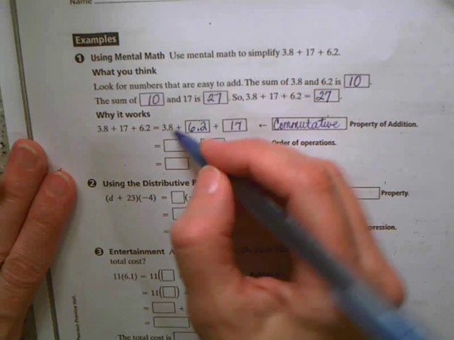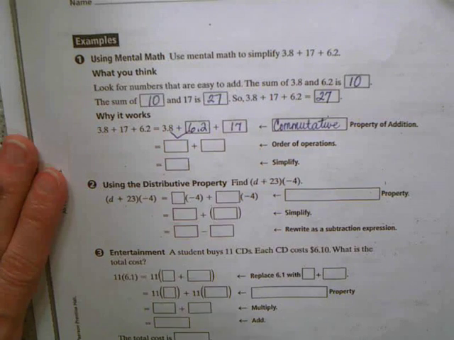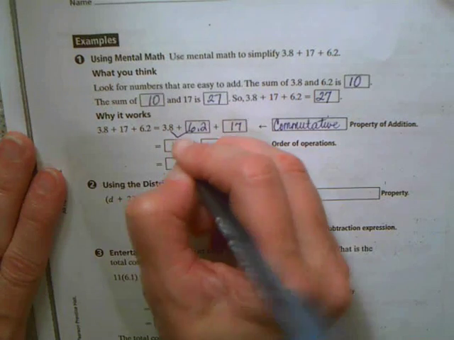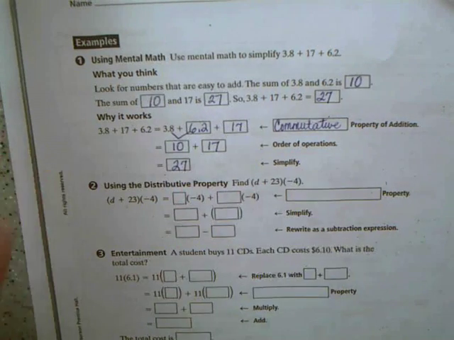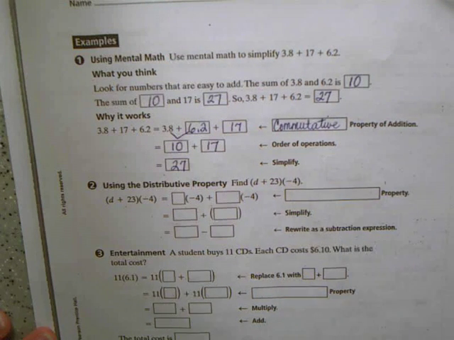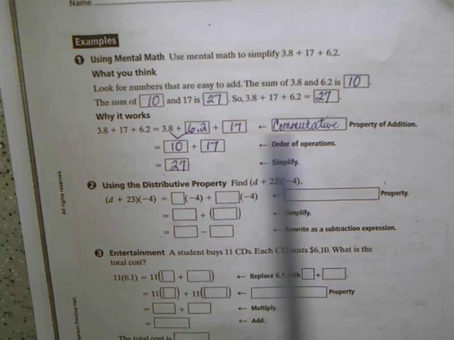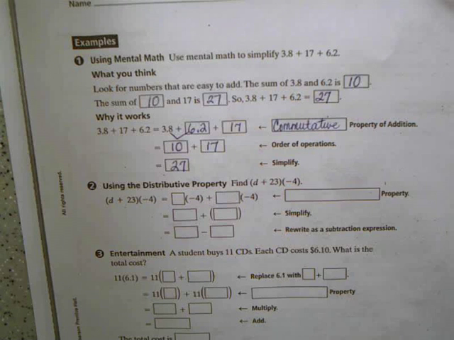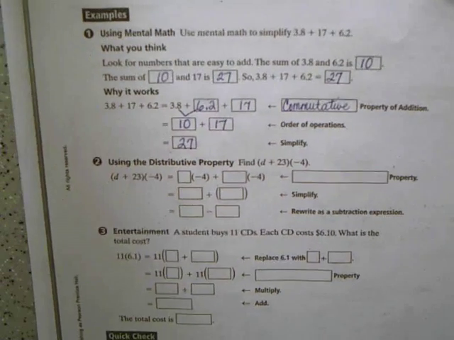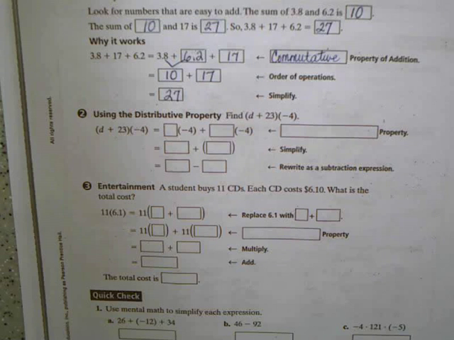And then by using the mental math, I can add 3.8 plus 6.2 to get 10, plus 17, which then gives me 27. Order of operations simply means I'm adding from left to right, which is why, even though I may not write it out formally, I am commuting these two to use them, and then I have my order of operations. So that was just a quick example of using the commutative property to do a mental math problem.